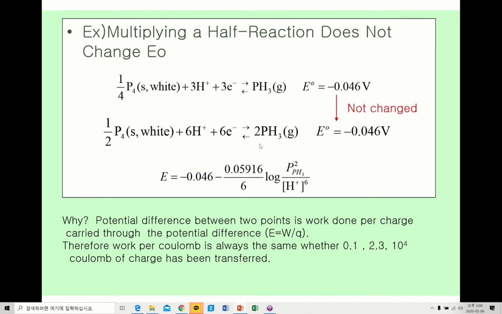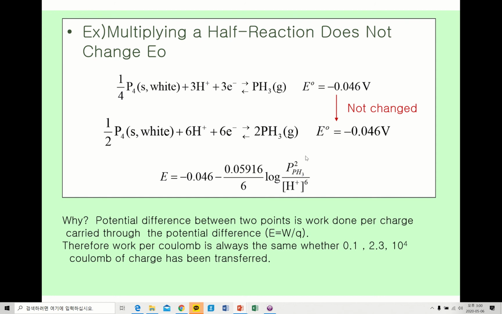So for this lower reaction, we can write it this way: E equals this part, which doesn't change. For the other part we use 6 electrons, and this pressure squared divided by the proton concentration to the 6th power.